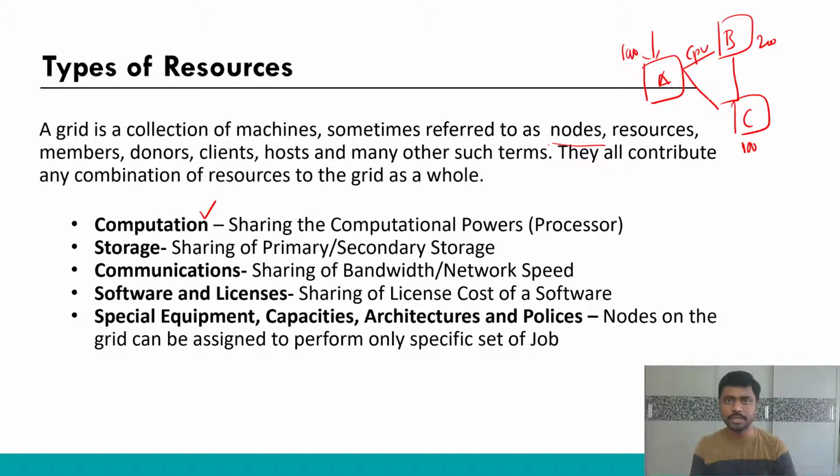When they are connected with each other, A alone requires huge bandwidth to process the data, and we know that B and C are not utilized currently, so that bandwidth can be shared with A. So now the total speed can be 100 plus 200 plus 100, a total of 400 Mbps, which can be utilized by server A alone at a given point of time. That is another type of resource.